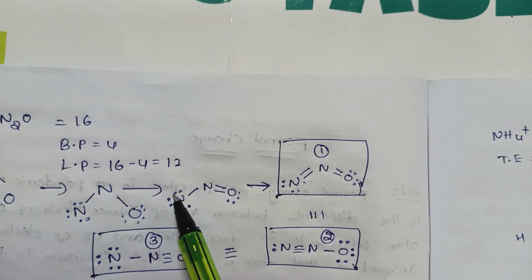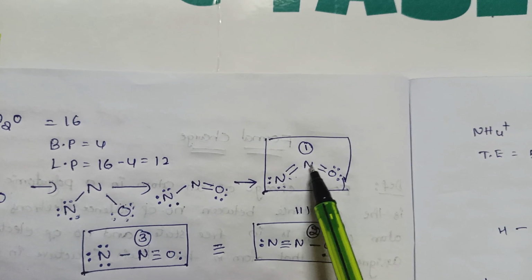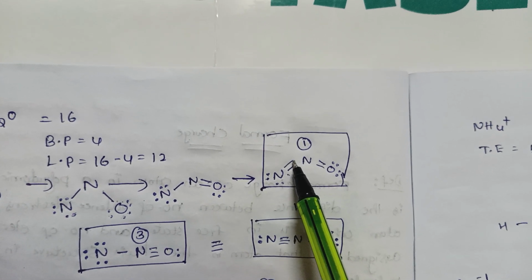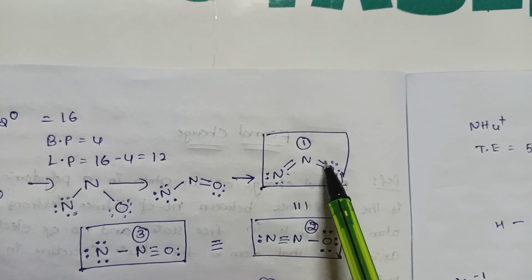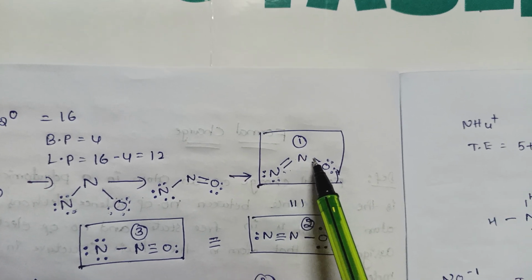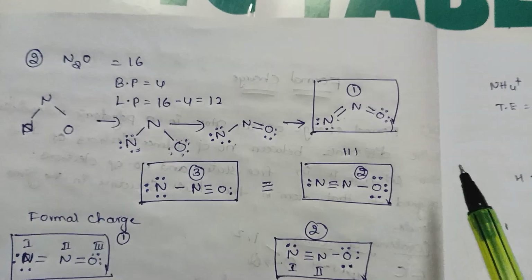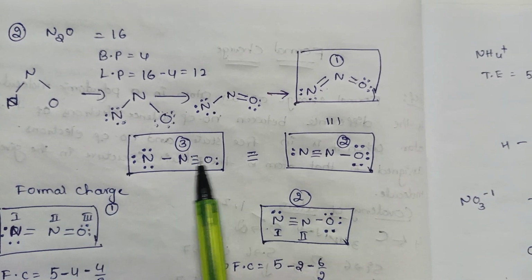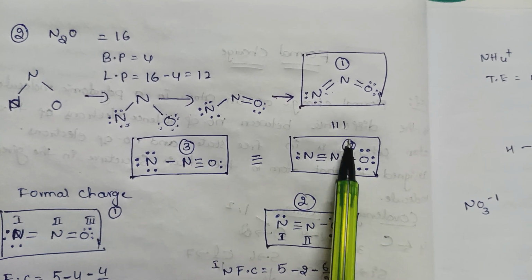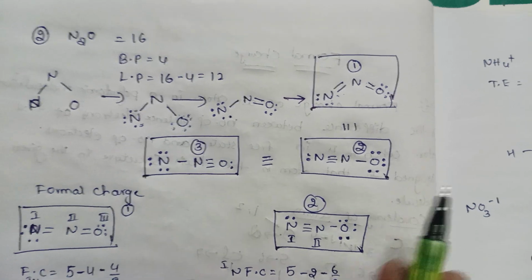Now make these 2 electrons a bond. Now the oxygen and nitrogen atoms satisfy the octet rule. See, 1, 2, 3, 4, 5, 6, 7, 8. Now the second nitrogen atom also satisfies the octet rule. These two are the possible Lewis dot structures for N2O.